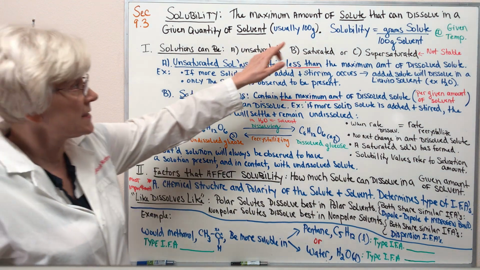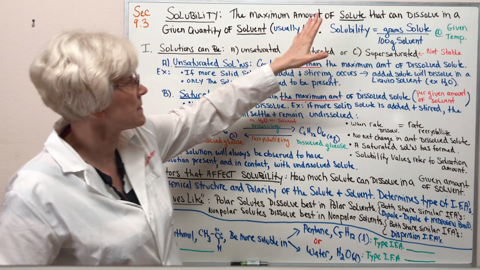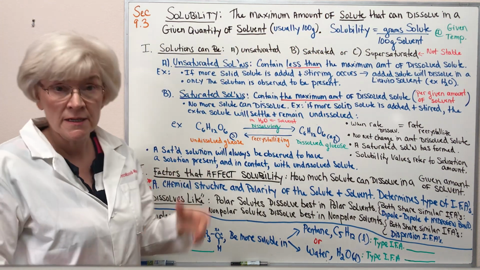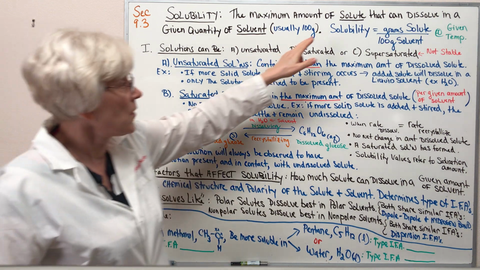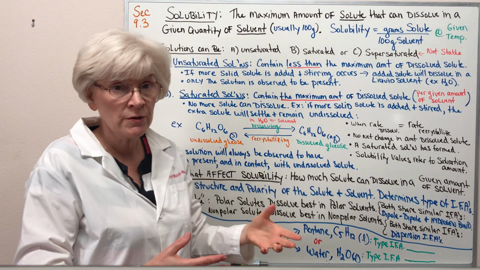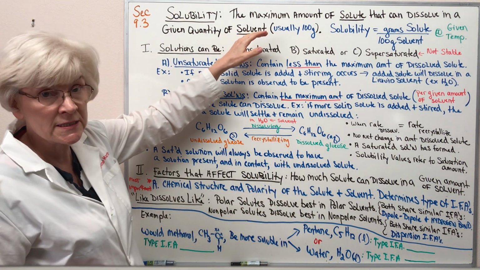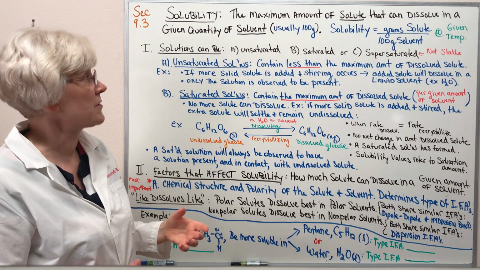All solutions contain one or more solute particles or substances that are dissolved in a solvent, which is a dispersing medium. So the solute, one or more solute substances, is present in smaller amount, and the solvent that disperses the solute is present in greater amount.